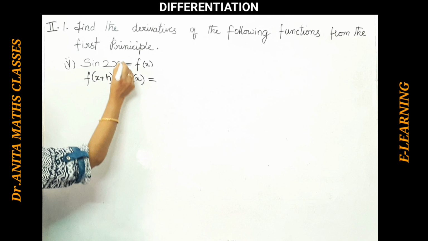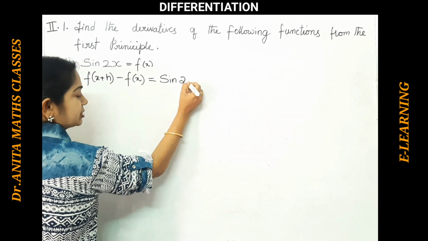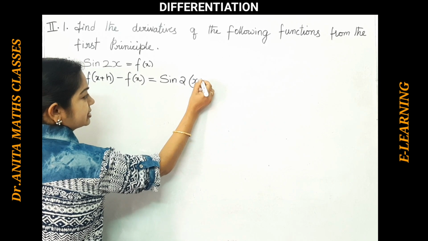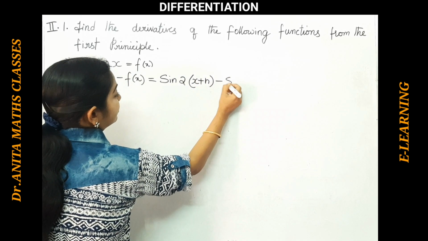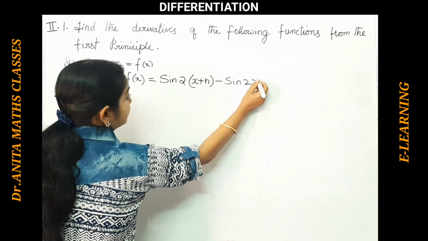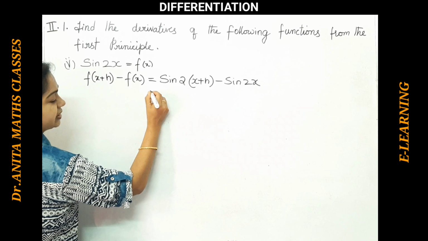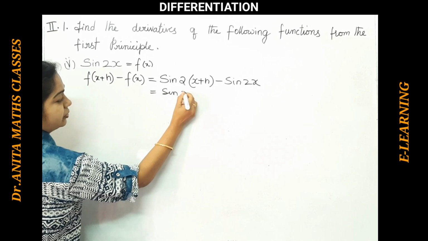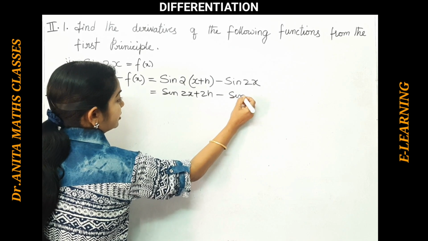So that becomes sine 2x. In place of x we will replace x plus h, so 2 times x plus h, minus sine of 2x. Right. So this we can write as sine of 2x plus 2h minus sine of 2x.